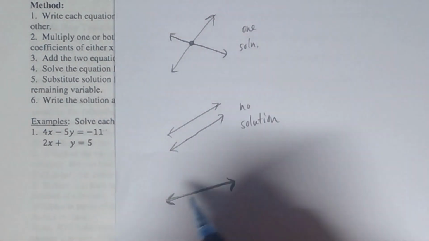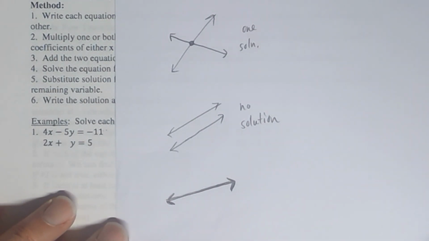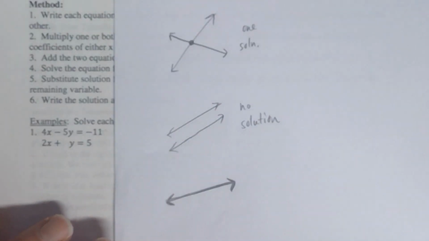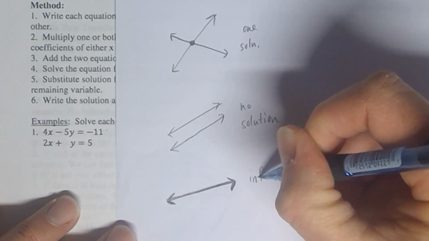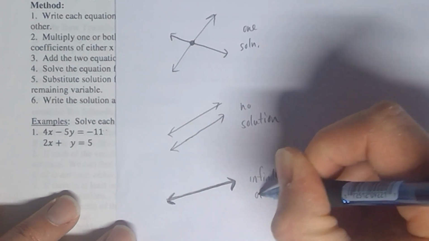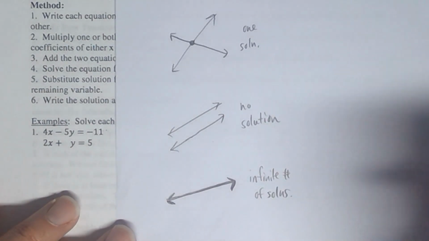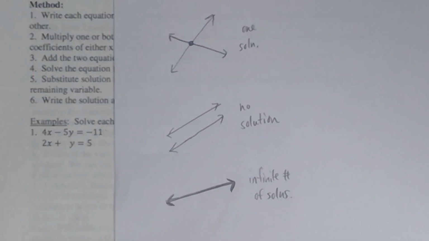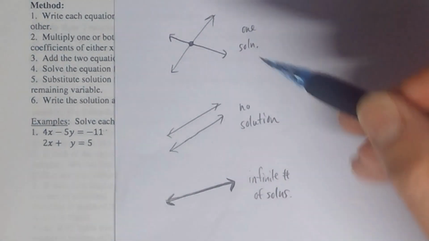Okay, every single point on the line is an intersection point, right? In other words, every single point is a solution to both equations, all right, because every single point is an intersection point. So this is a situation where you have an infinite number of solutions because there's an infinite number of points on each line, and each point is an intersection point, and therefore it's a solution. So we have three different possibilities.